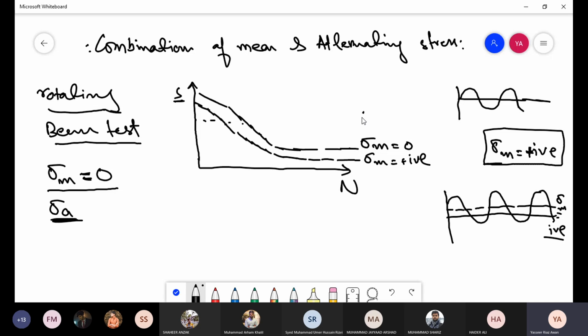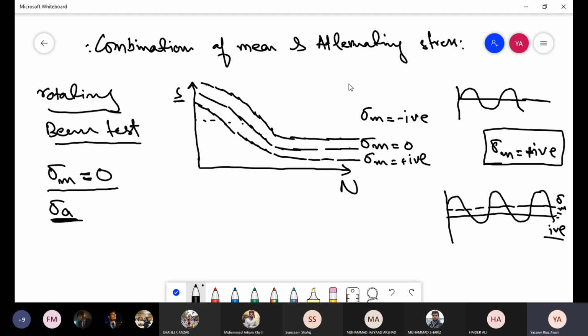Whereas when sigma m is negative, okay, that means it is compressive. Okay? So then, because we have already learned about the residual stresses. So for example, when you have compressive residual stresses, then that is generally beneficial for the fatigue life of the material. Okay? So we can expect that when you have a mean stress that is compressive, to have some positive effect. Okay?